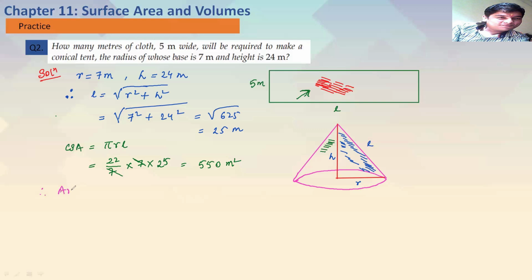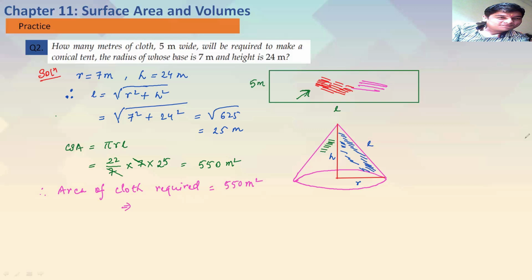Therefore, area of cloth required is equal to 550 meters square. Any doubts? No, sir. Now, how do you find out the length of this cloth? Tell me.